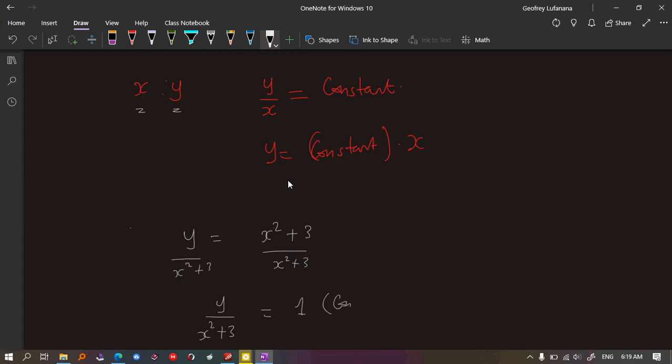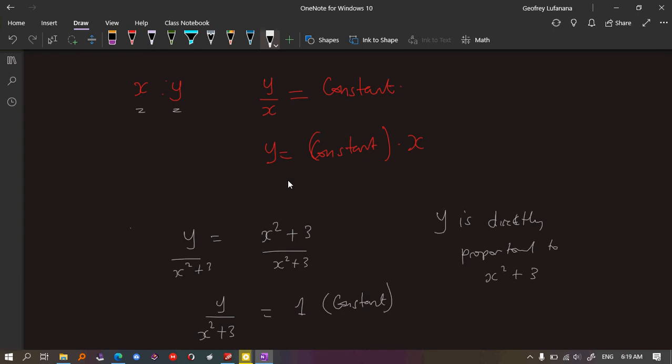Now 1 is a constant. This means that y is directly proportional to x squared plus 3.